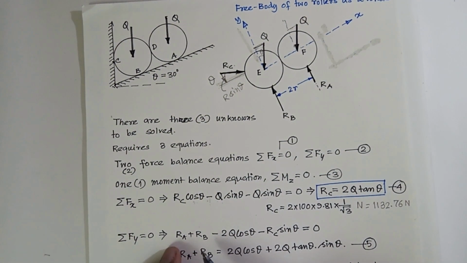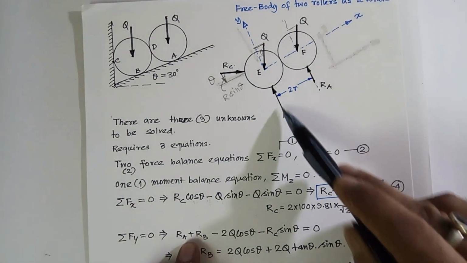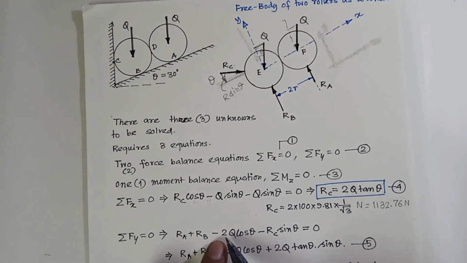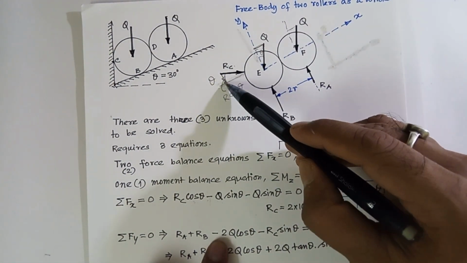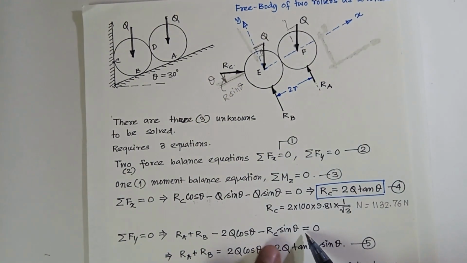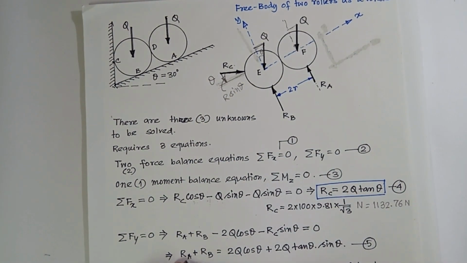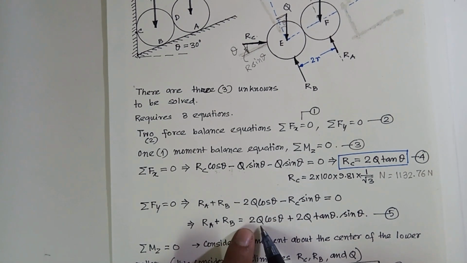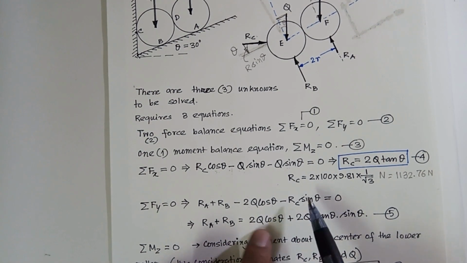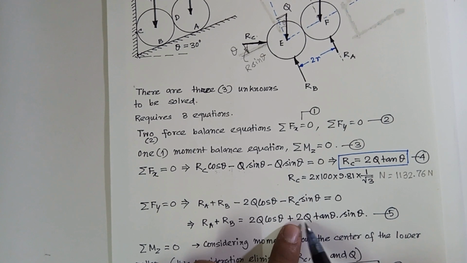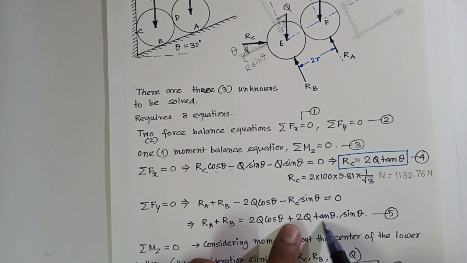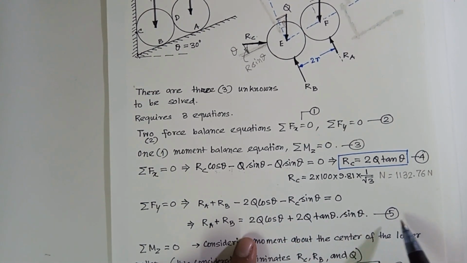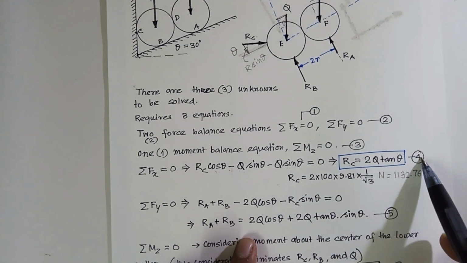So therefore RA plus RB in the positive y direction, 2q cos theta in the negative y direction, and RC sin theta also in the negative y direction is equal to 0. Therefore RA plus RB is equal to 2q cos theta plus RC sin theta. Now what is RC? RC is equal to 2q tan theta. So I have put in 2q tan theta sin theta. So that is equation 5. This is equation 4.